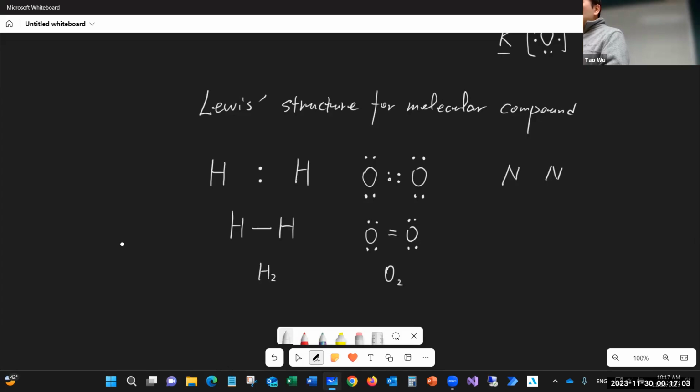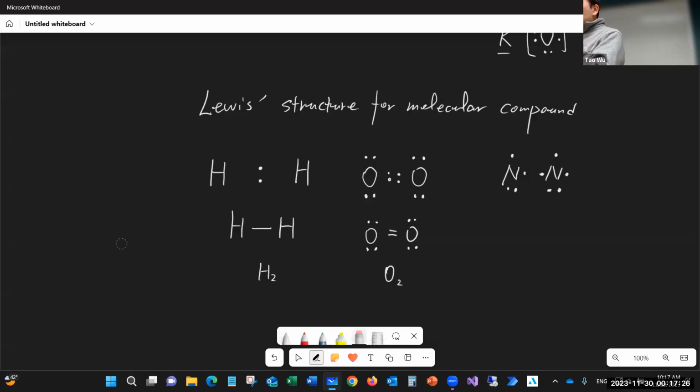And we also have triple bonds. One example is nitrogen, right? We already know the Lewis structure for nitrogen. Nitrogen has 3 unpaired electrons, so those 3 unpaired electrons would like to pair with others. Each nitrogen needs 3 electrons, but none of them would like to give.